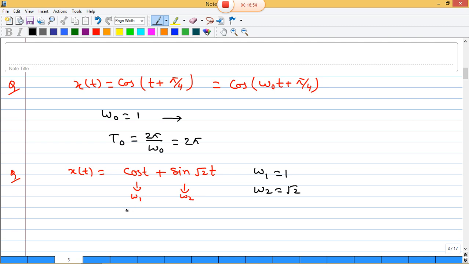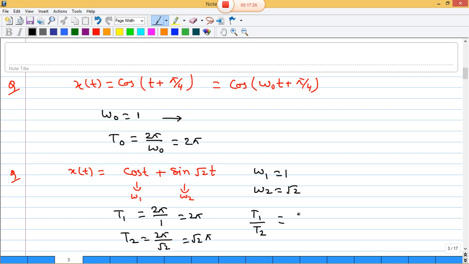Now T1, the time period for this function, is 2 pi by omega 1, that one will be 2 pi, and T2 will be 2 pi by omega 2, that one is root 2 pi. So after dividing T1 by T2, T1 by T2 should be a rational number.